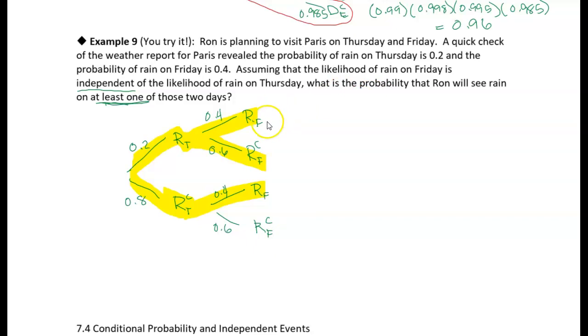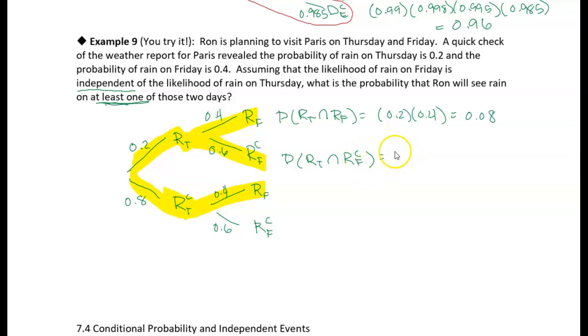All right, so if I just look at all the ways that this event could happen that I'm interested in, I can calculate the probability of rain on Thursday and rain on Friday by just multiplying the probabilities, right? I'm just going to have 0.2 times 0.4, which gives me 0.08. The probability of rain on Thursday and not rain on Friday, right?